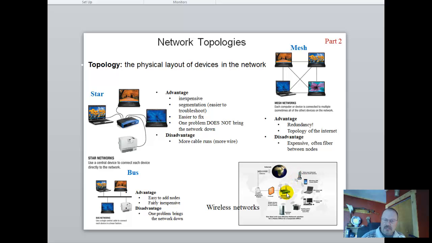If this is a 100 megabit wireless connection, and you have just one device on, that device gets the entire bandwidth. But if you have 10 devices on, then that bandwidth is split up by 10, so it can get slow. It depends upon how many devices you have actually connected to it.